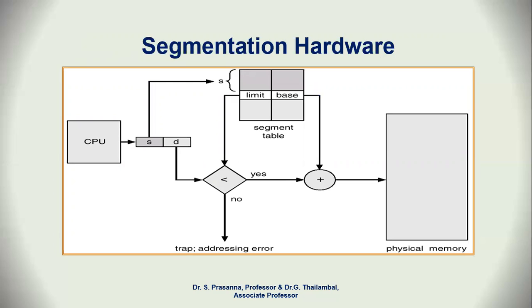If S is greater than the segment table limit value, it is an addressing error. But if it is less than the limit value, you add the base register, and that gives the address you can access in the physical memory.